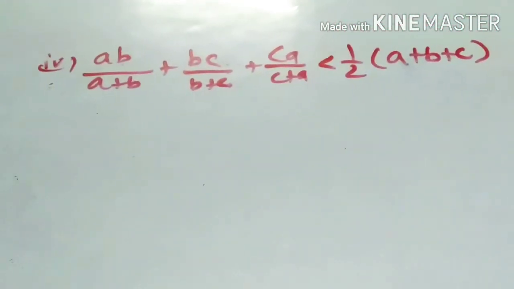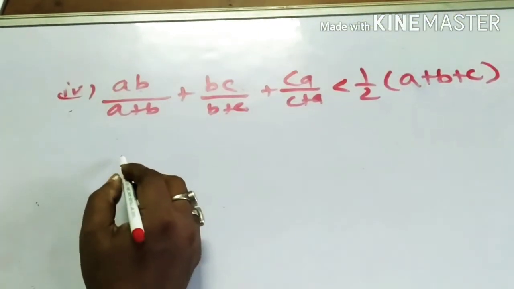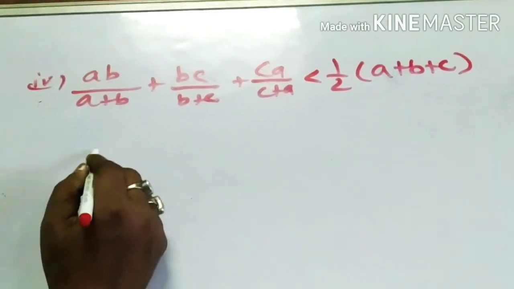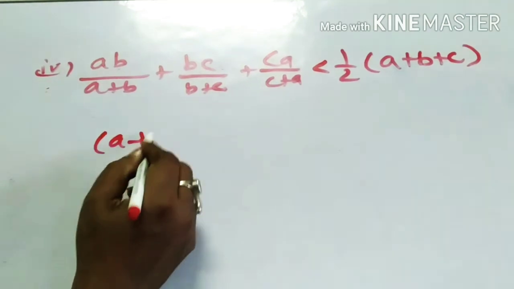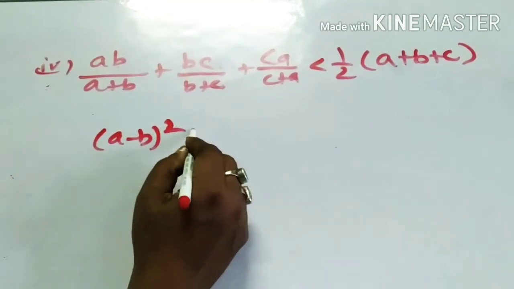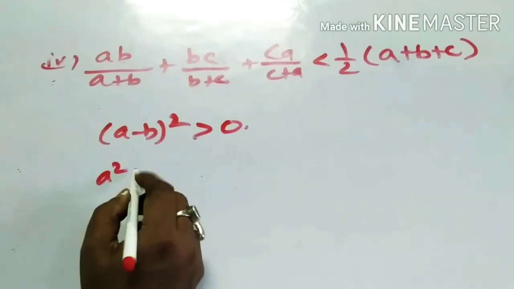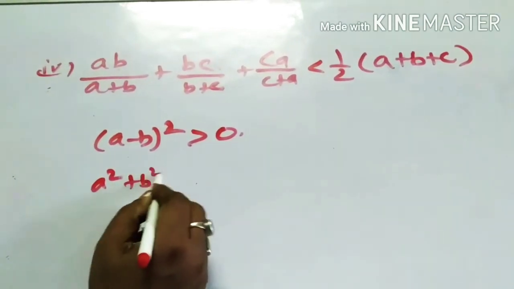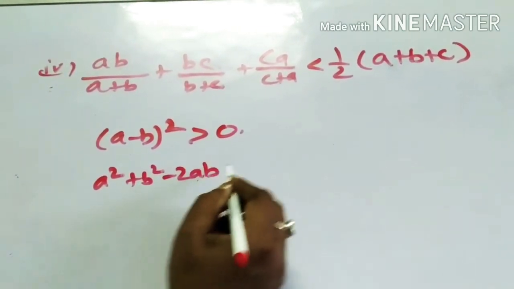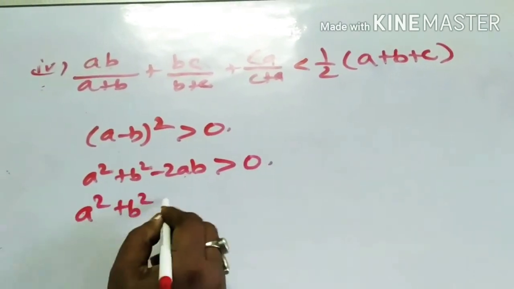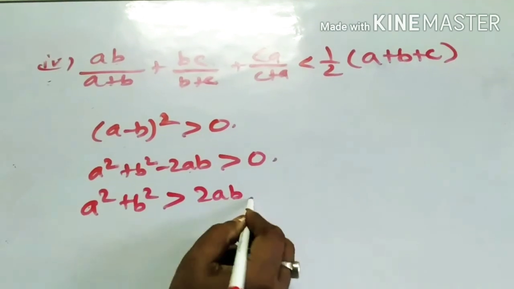So how can I do this? This can be done only one way, that is (A minus B) the whole square is greater than 0. So A square plus B square minus 2AB greater than 0.